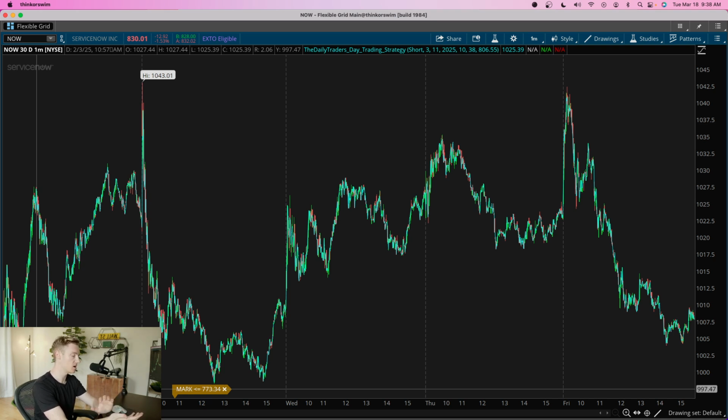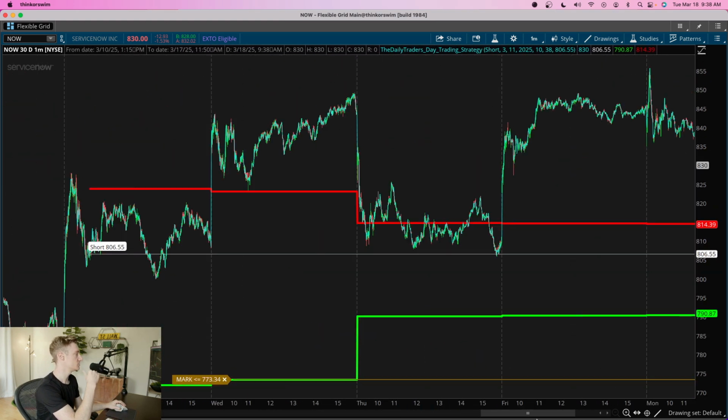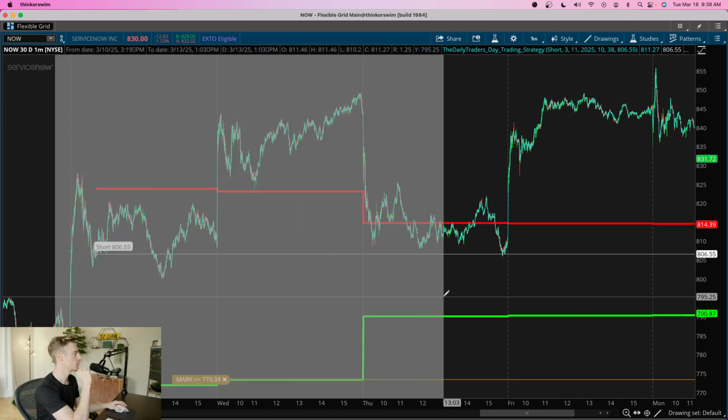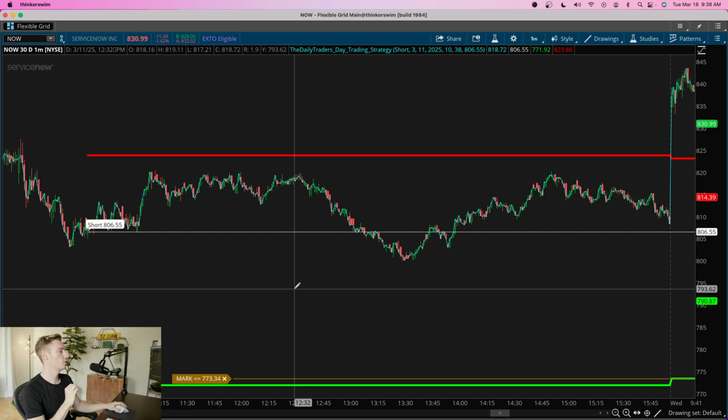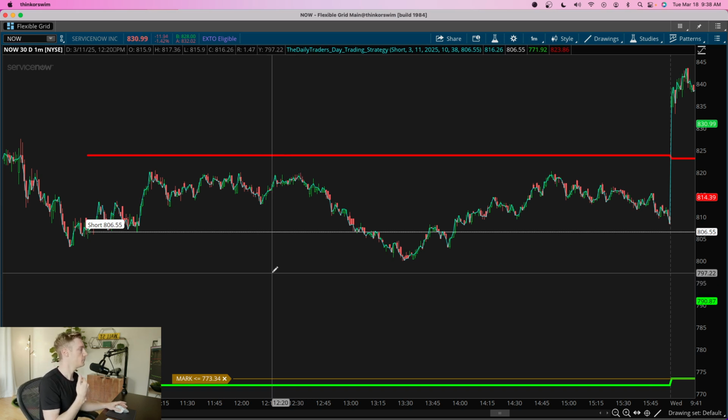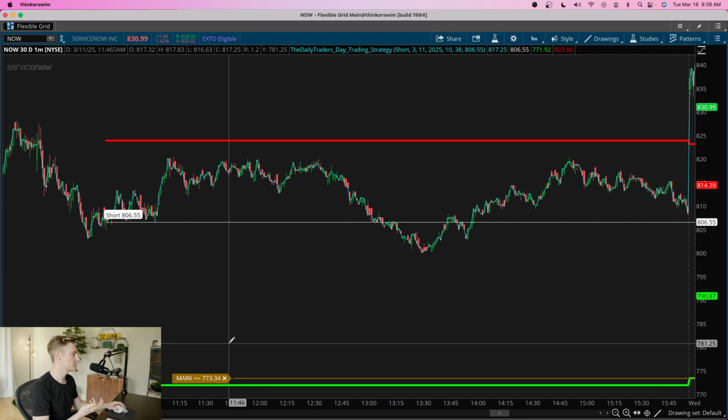So the algorithm does not have anything to do with the option contracts I'm buying. It solely works off of historical data on the chart. And it plots out these levels. I don't even want to call them levels. I like the word projections better. It plots out these projections for us.